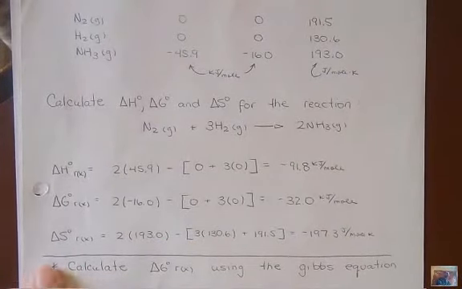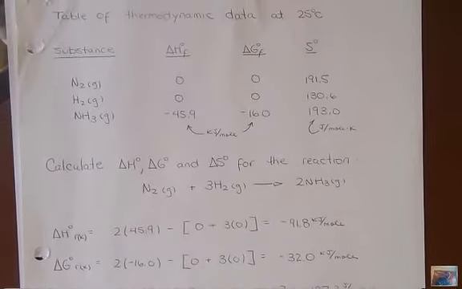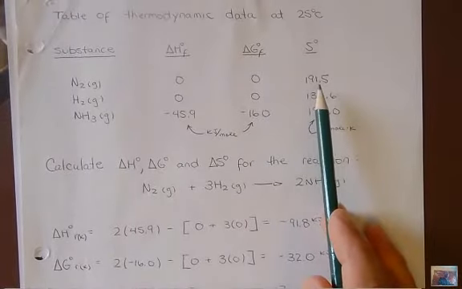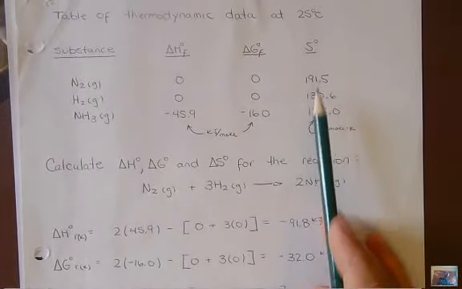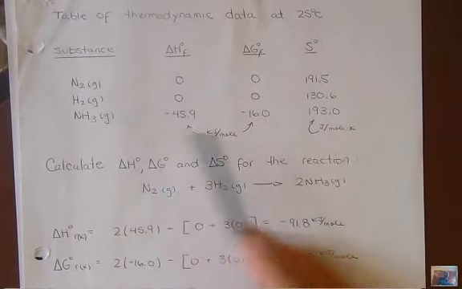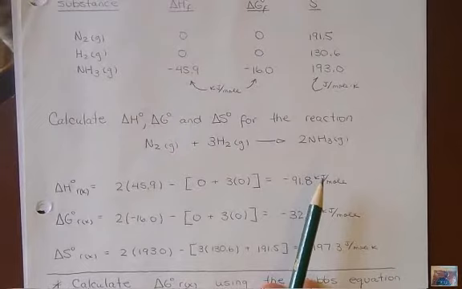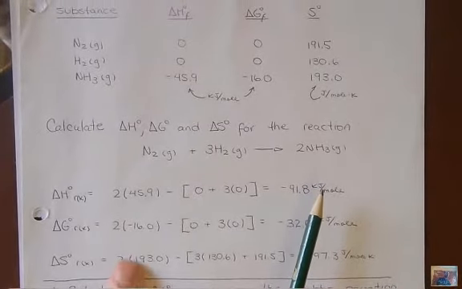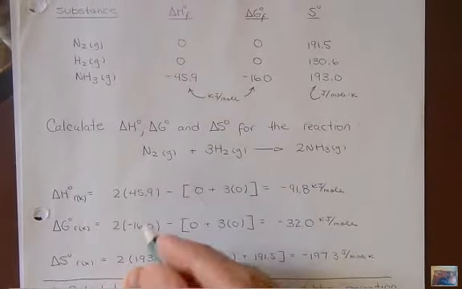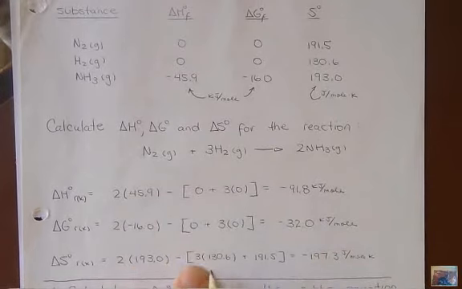Okay, last thing, let's calculate delta S. Well, none of the values are 0. I need 2 times the number for ammonia, so 2 times 193. Subtract off, and be careful, put brackets around this whole part.